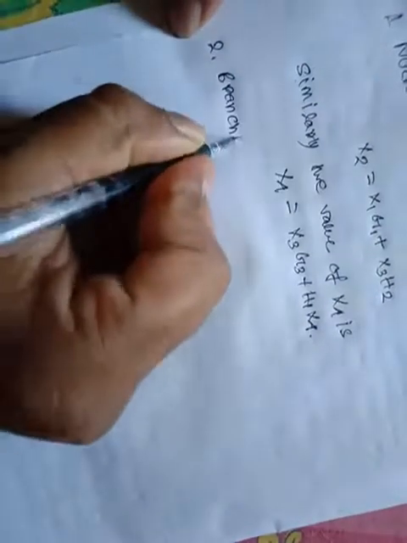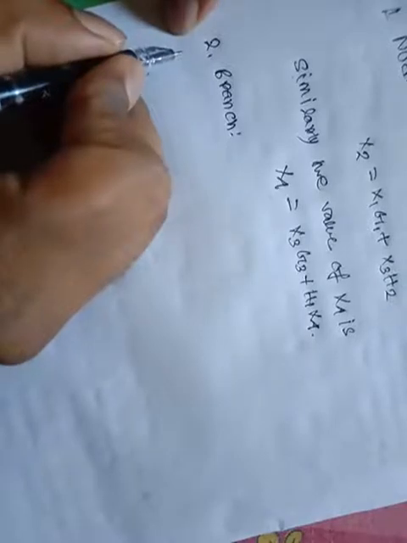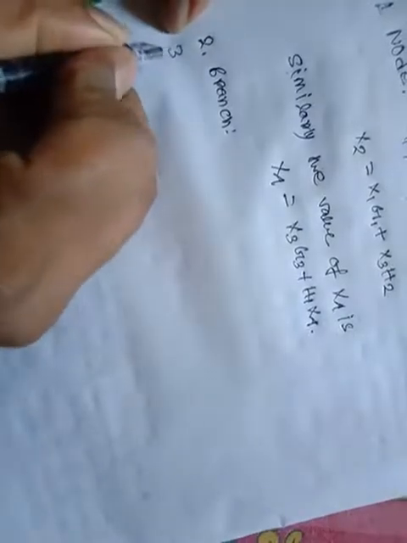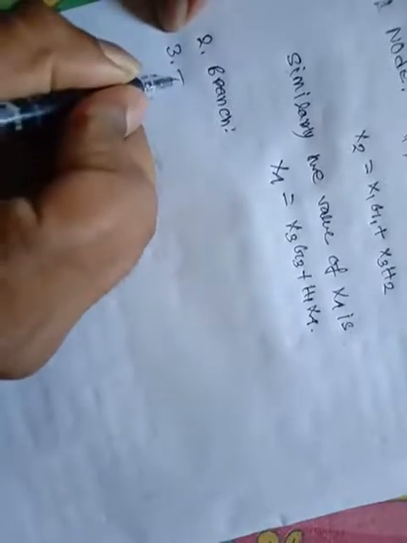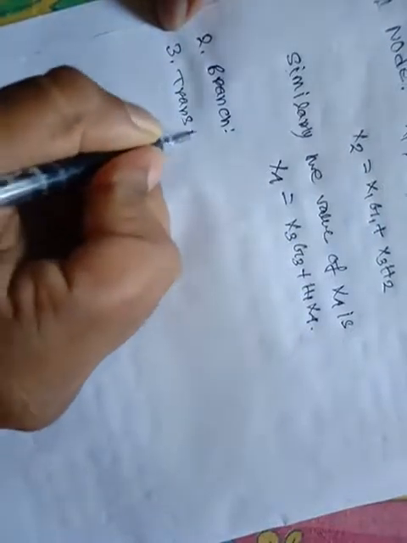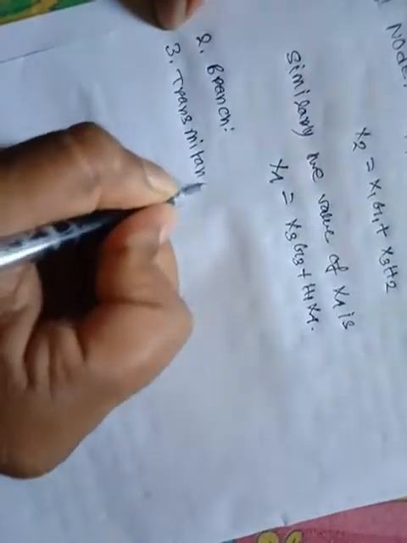The third point is transmittance. Transmittance is a gain between nodes, or branch gain.